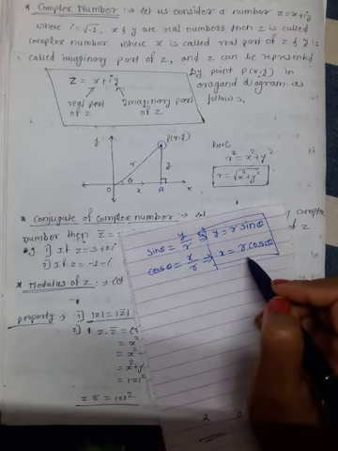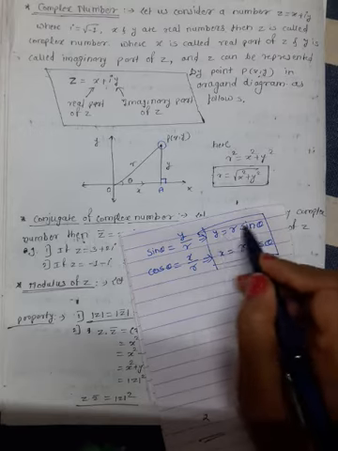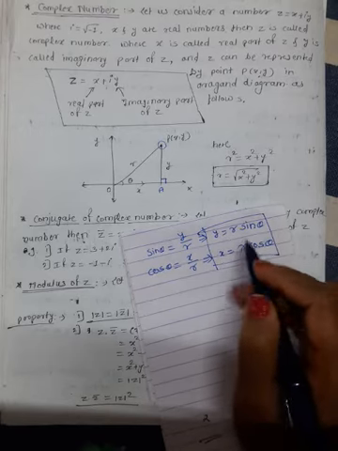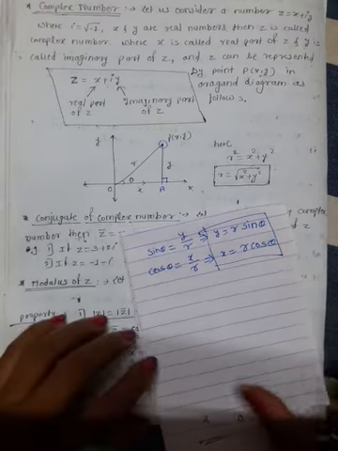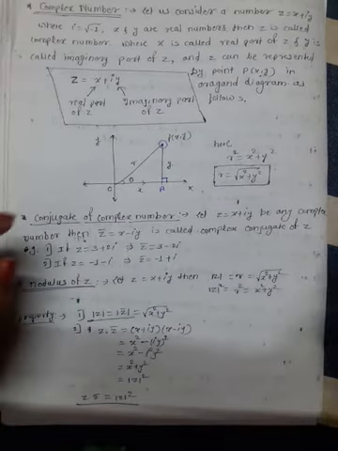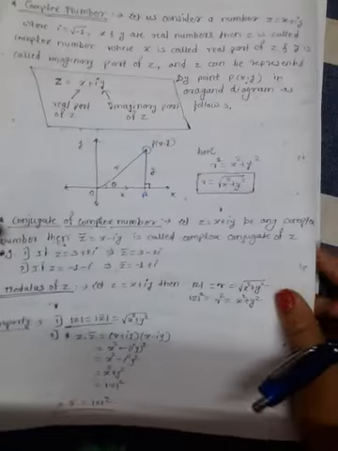In these two equations, all coordinates are present. x and y are there, r and theta are also there. That's why this is a basic relationship equation between Cartesian coordinates and polar coordinates. x is equal to r cos theta and y is equal to r sin theta.